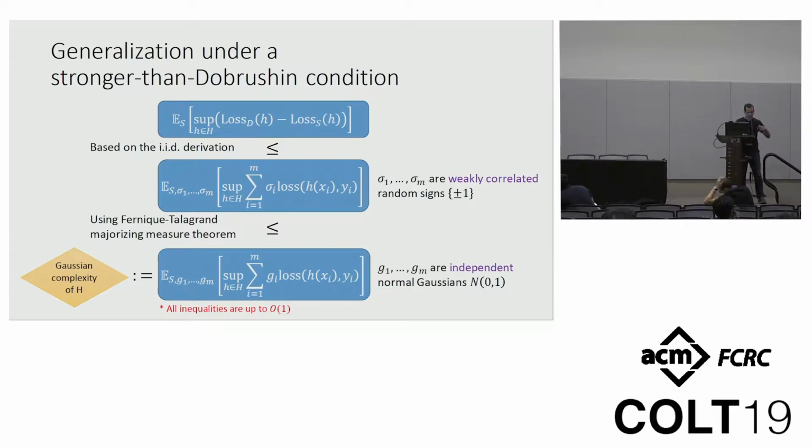Since they are only weakly correlated, we can use the majorizing measure theorem of Fernique and Talagrand to replace the weakly dependent signs with IID Gaussians. And then you get the Gaussian complexity. So we bounded the supremum by the Gaussian complexity.